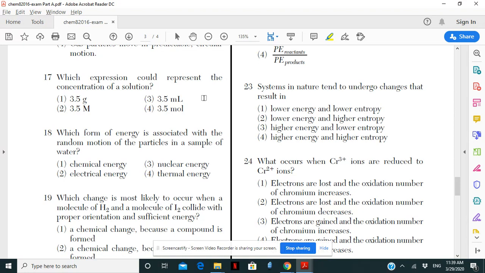Gram is a mass, milliliter is a volume, mole is the number of particles, but 3.5 molar, as we know, molarity means the number of moles per unit volume. So that's the only thing that can represent concentration according to the formula.